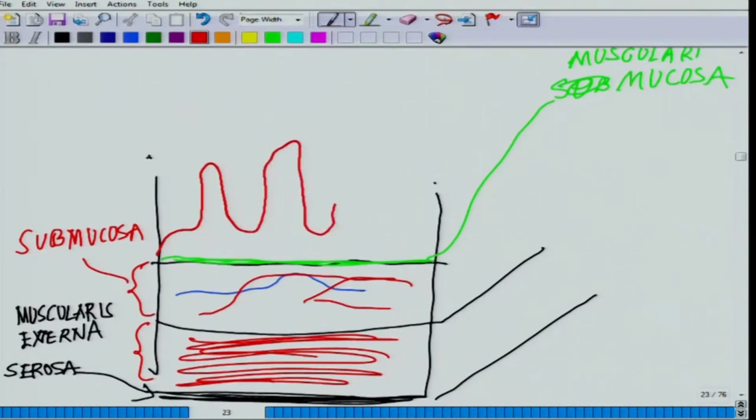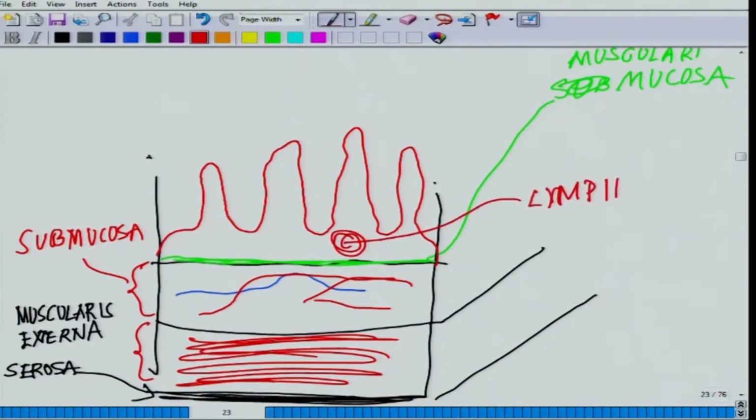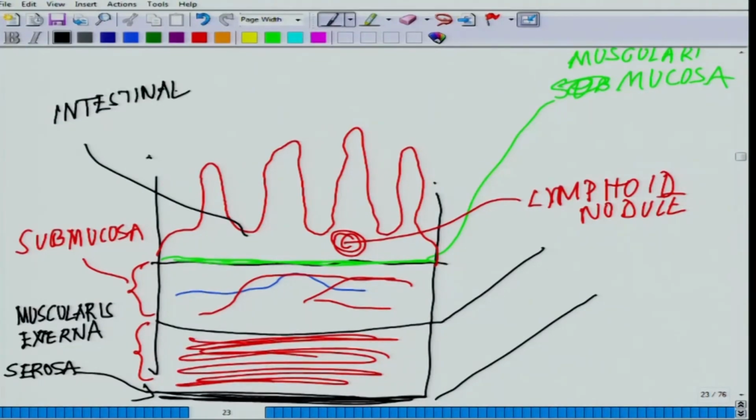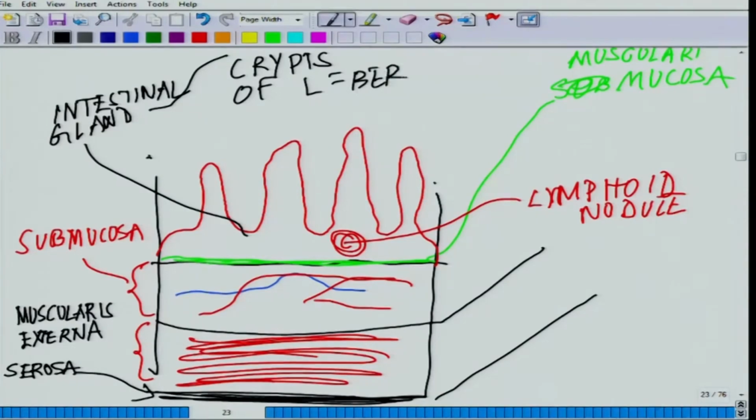So, this is the total cross section of it, and underneath you have something called lymphoid nodules, and out here you have the intestinal gland, which is also called the crypts of Lieberkühn.